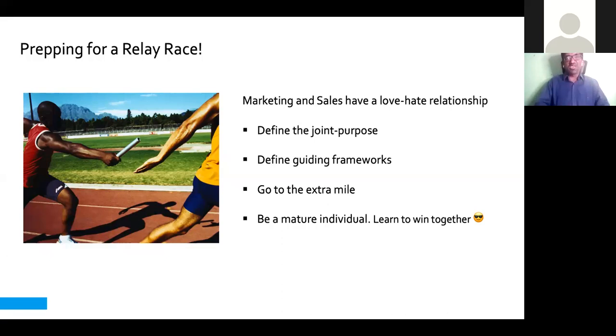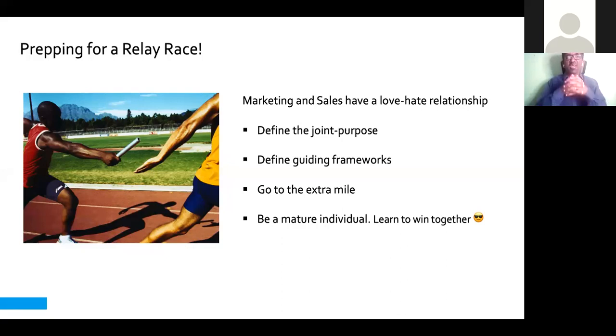So it all starts with having a common purpose, and second is translating this purpose into frameworks. I spoke about the lead handoff framework, and I also spoke about some of the metrics we should track between a SQL and a closure. Having these frameworks truly helps you smoothen the conversation and gives direction to the relationship between sales and marketing.